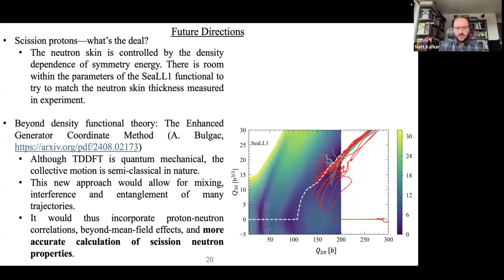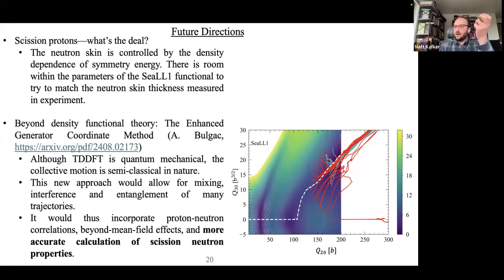I mentioned briefly, and I said I would talk about this more, so let's do this now. It's possible that the neutron skin has something to do with this. This refers to the neutron density towards the outer edge of a heavy nucleus, and it is known that density functional theory underpredicts the width of this neutron skin.